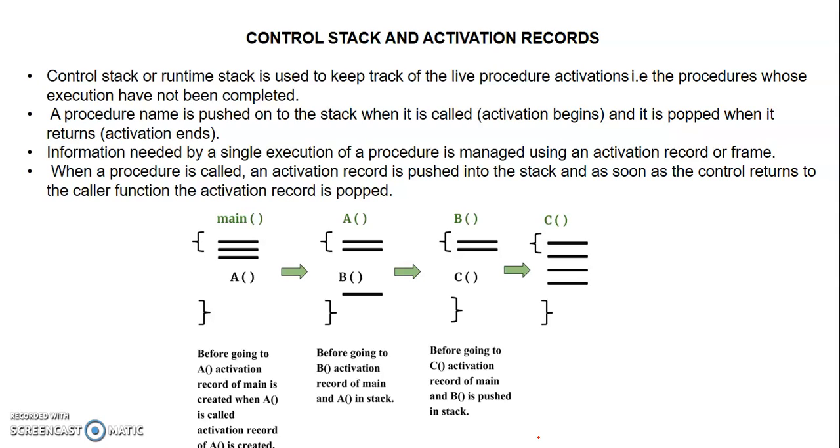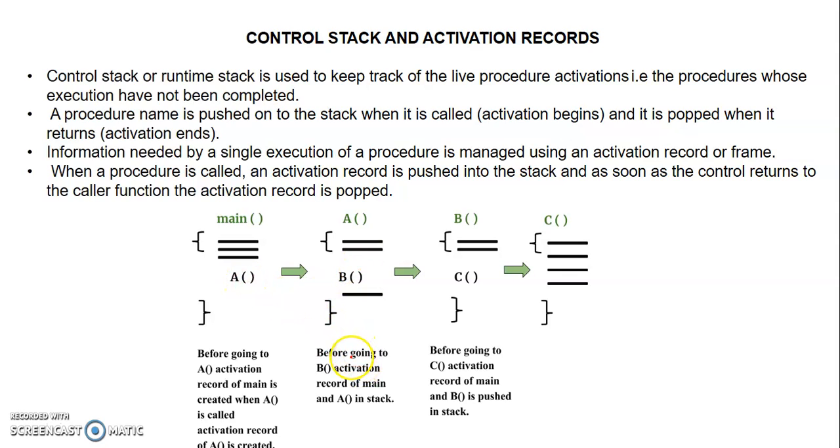So for example, we have the main function and three functions A, B and C, and they are calling in this way. So main is calling A, then A is calling B, B is calling C. So main is created first, and when A is called, the activation record of A is created.